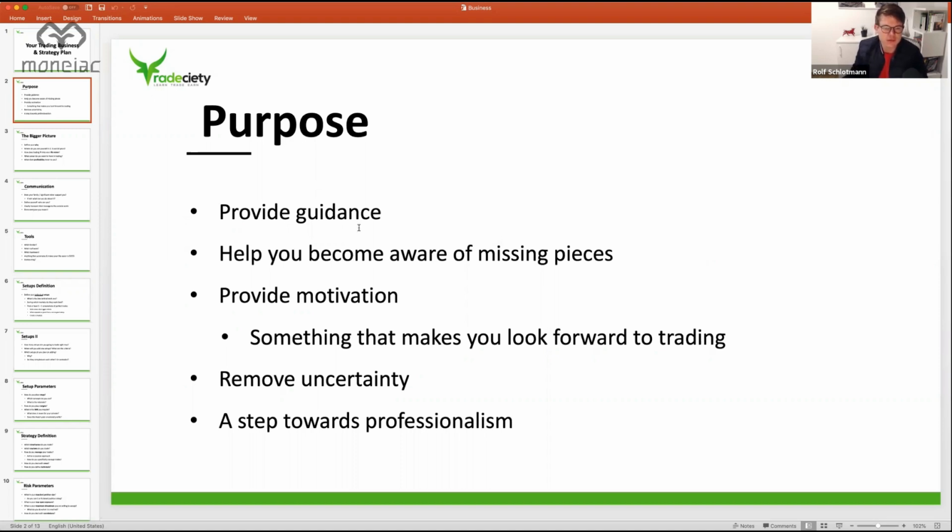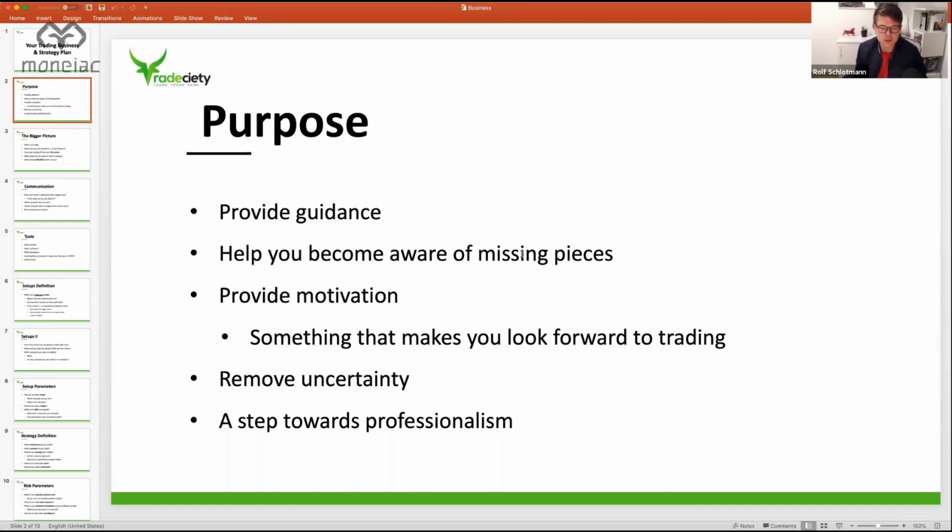As I said, it should provide guidance, because in the end, the business plan is something that maps out every little piece of your trading. It helps you also become aware of missing pieces when you do it the first time. It removes uncertainty, which I think is one of the things that will help you make very big progress, because it helps you gain confidence, clarity, and deal with other shortcomings.